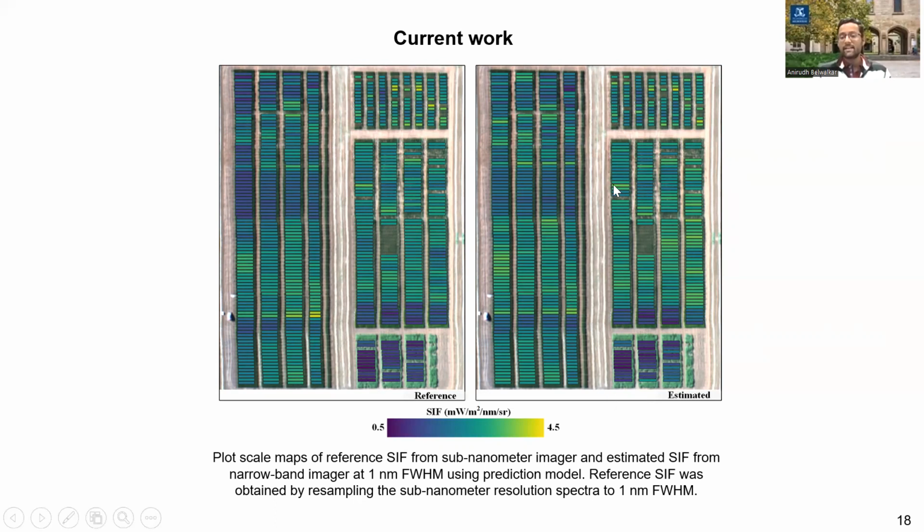The estimated SIF was able to map the spatial patterns of SIF across the experimental field when compared to the reference. As you can see here, the low SIF levels captured by the reference can also be seen in the estimated ones. Similarly, the high SIF levels here, shown in dark yellow, can also be observed in the estimated SIF at 1 nanometer, and this is from the narrowband imager.